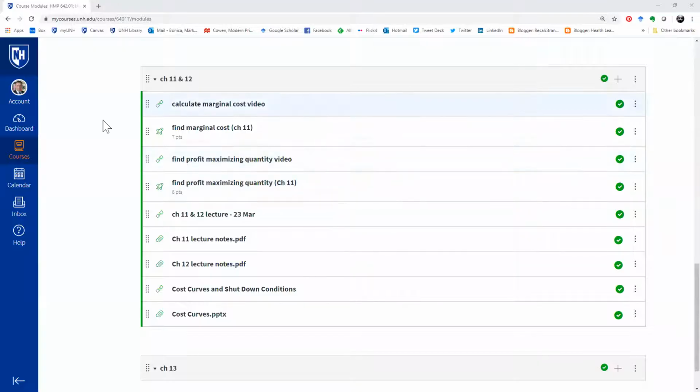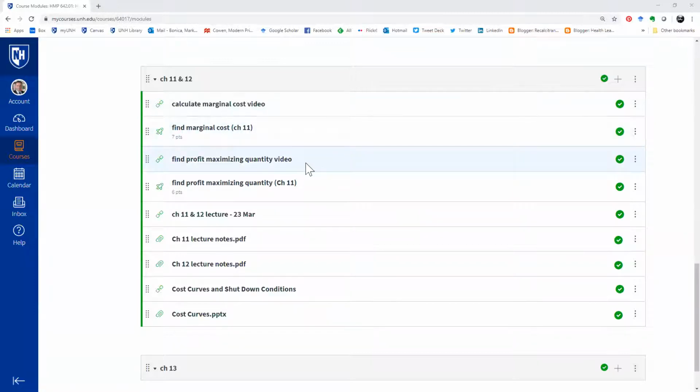Real quick, I just want to show you some of the stuff I've posted in case you didn't see it. So here's our Canvas site. For chapters 11 and 12, I felt like you guys maybe needed a little more help with calculating marginal cost. So there's a marginal cost video on how to do marginal cost. It's basically how to take a derivative. Then there's a quiz, so you can practice taking the marginal cost.